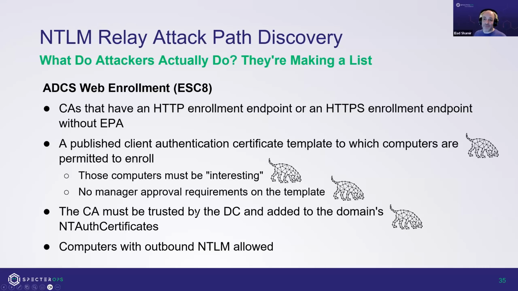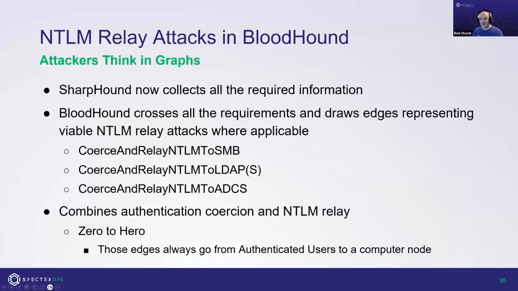So what we decided to do, instead of making lists and intersecting them, we wanted to help attackers think in graphs once again, even when it comes to NTLM relay attacks. So we introduced some new capabilities to SharpHound to collect all the information required instead of using different tools to collect bits and pieces from different places. And then we crossed all that information to create new edges that represent authentication coercion and NTLM relay attacks to vulnerable hosts.